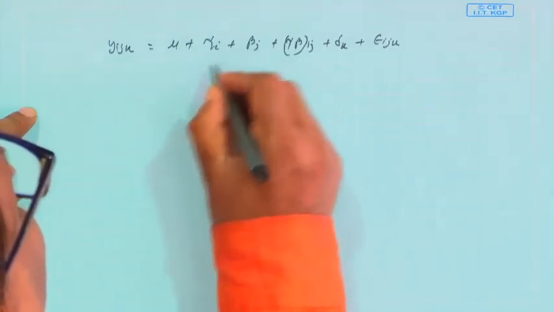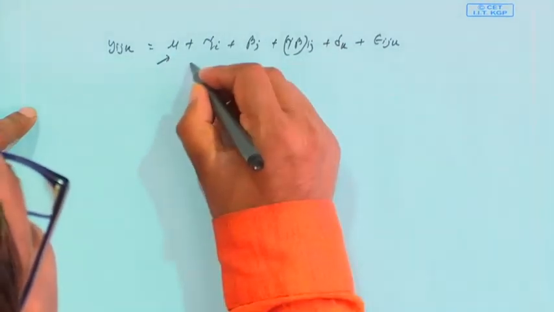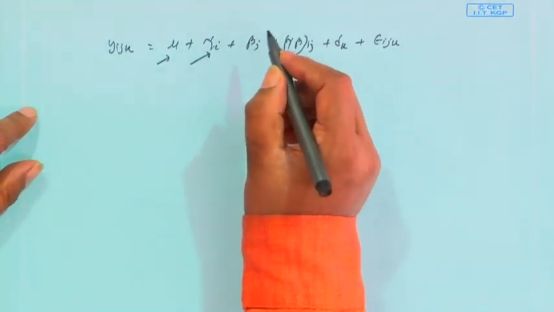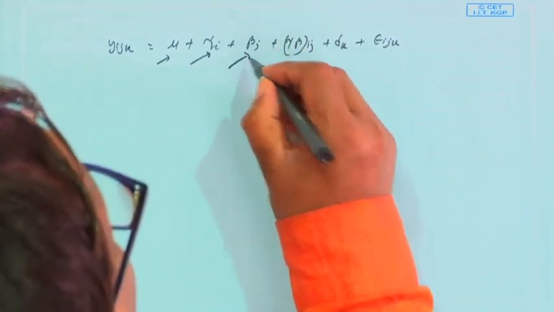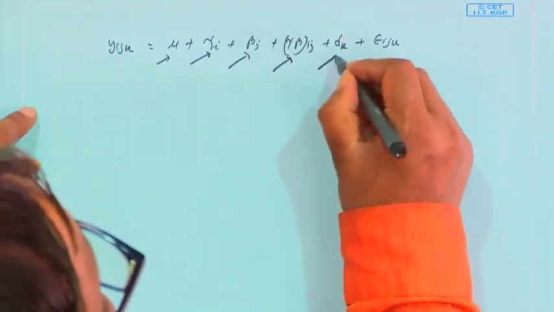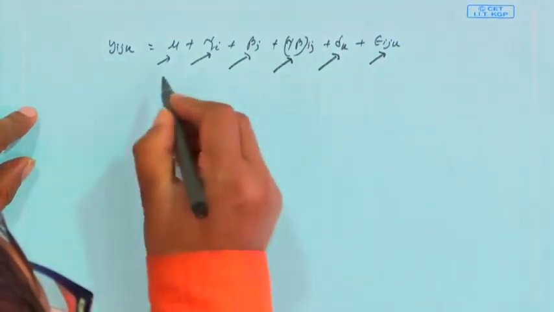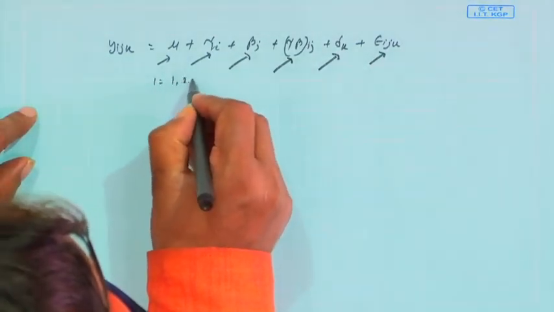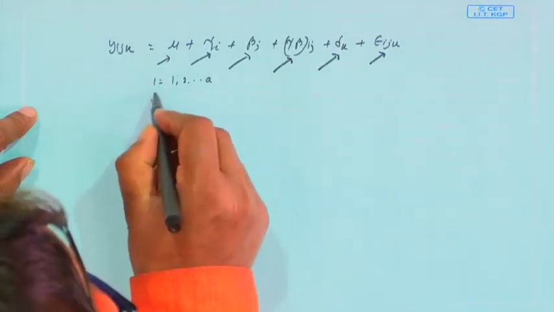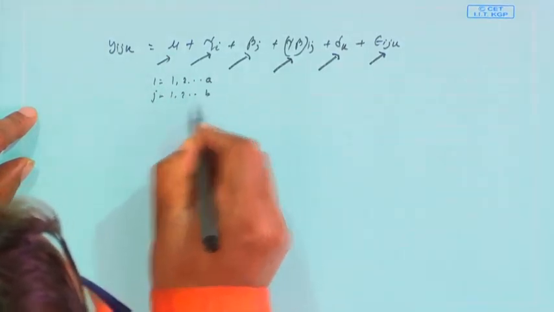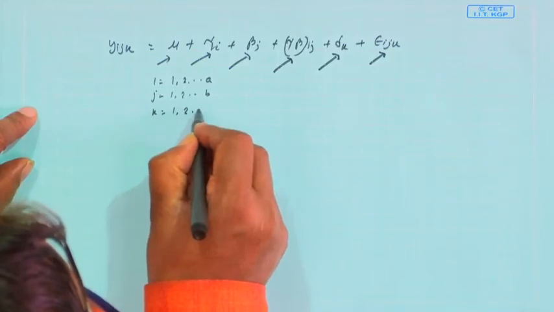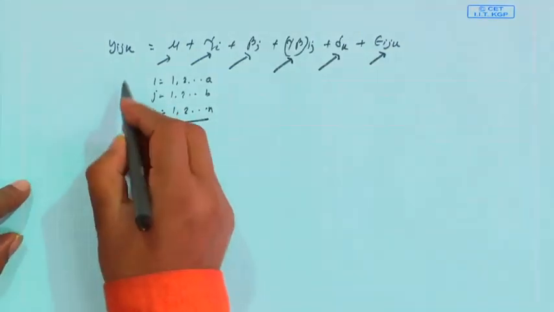So, this is the grand mean, this one is factor A effect, factor B effect, interaction effect, block effect, and error, where i will be from 1 to a, j will be from 1 to b, and k will be from 1 to n.